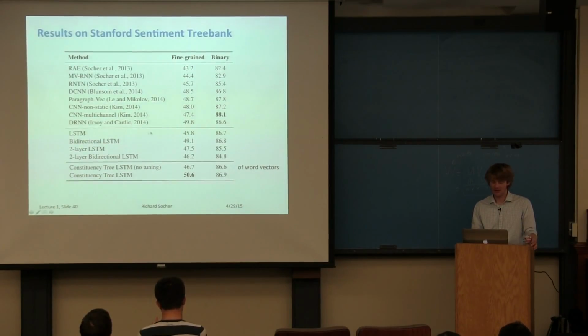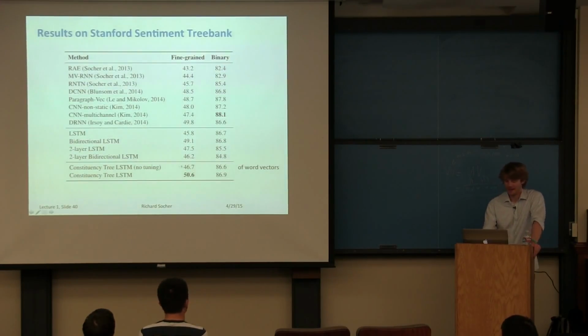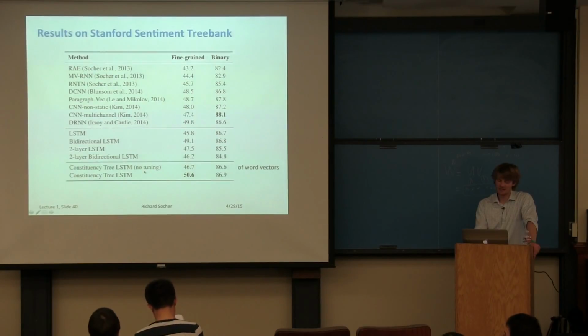And then we have here our standard LSTM, a bidirectional one where we go from left to right and from right to left. We can make those deeper and combine them in bidirectional ways. And here we have our tree LSTM, the model I just described. And one interesting distinction here is that we can basically not tune the word vectors.